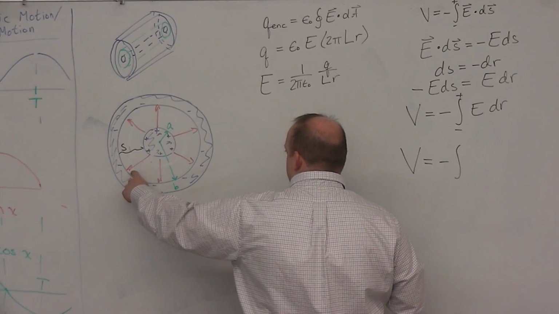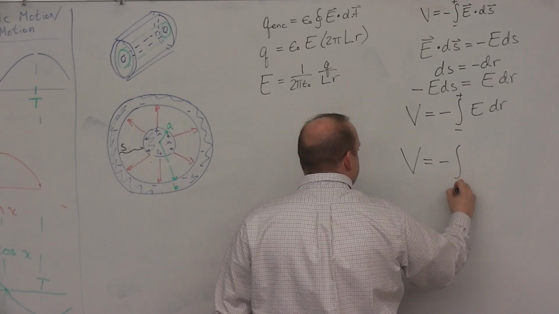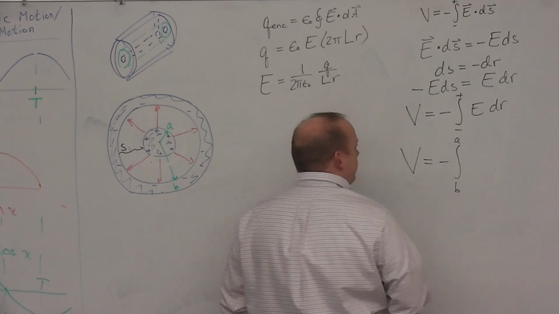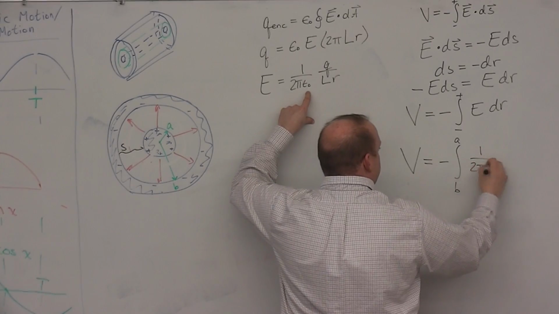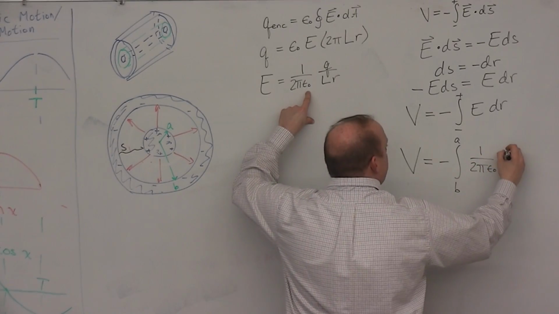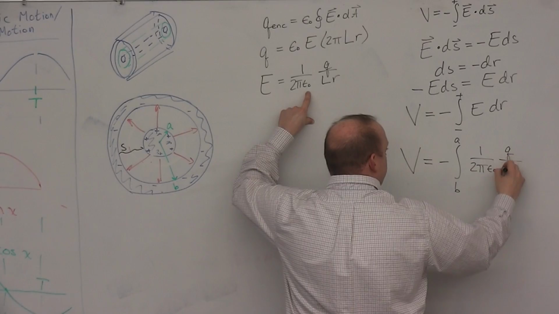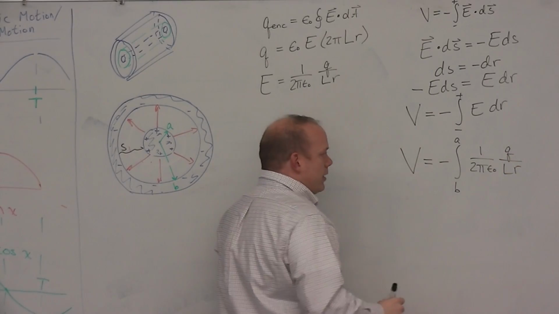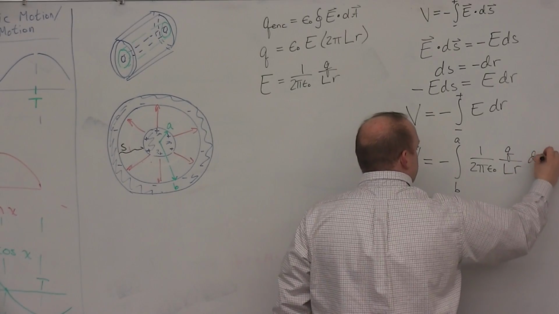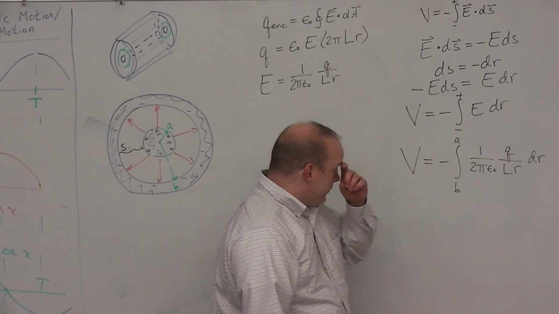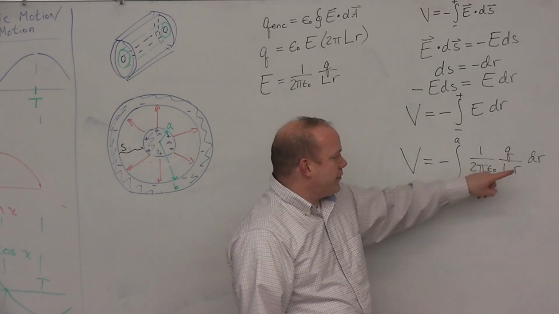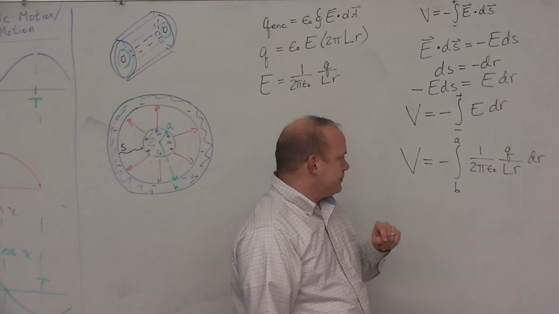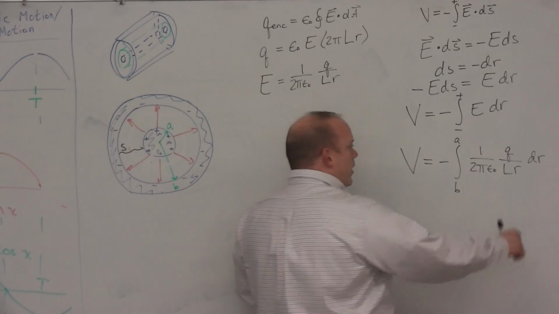My radius is B, and I integrate towards A. E is going to equal 1 over 2 pi epsilon naught, I'm going to be able to pull all that out, Q over L times R times dr. Now, Q is constant, L is constant. The only thing that I'm integrating is dr over R.